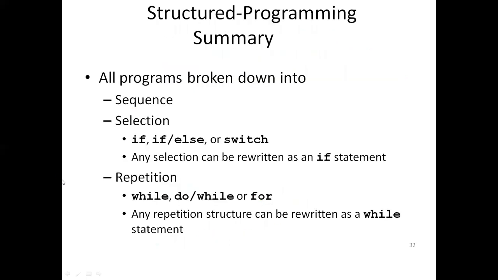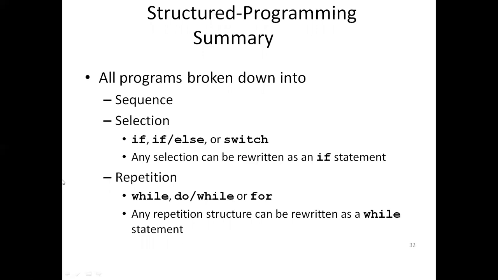So let's summarize structured programming right now. We have sequential and also selection. We run the program in sequential logic, but we also have selection logic, where we can control the logic. For example, if else and switch belong to the selection program structure.